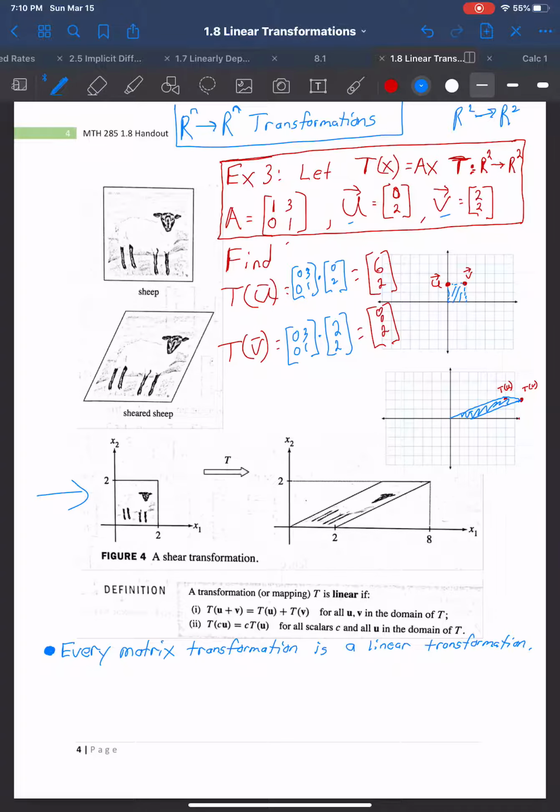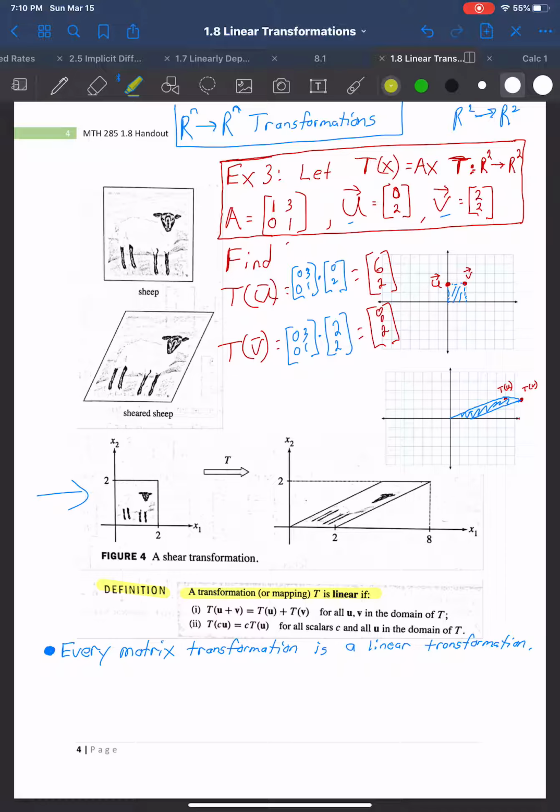Now, the definitions that are written here at the bottom of page 4, I'll go ahead and read them to you. A transformation, or mapping, T is linear if T of u plus v is the same thing as T of u plus T of v.